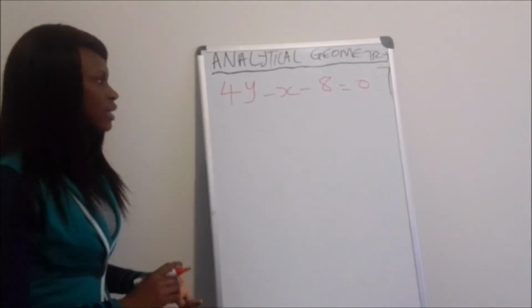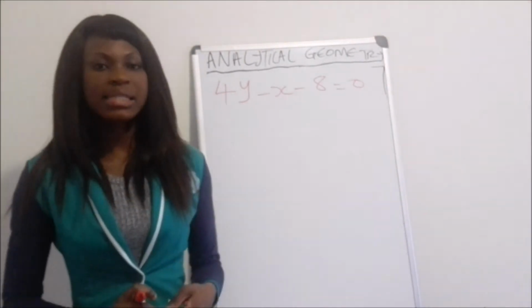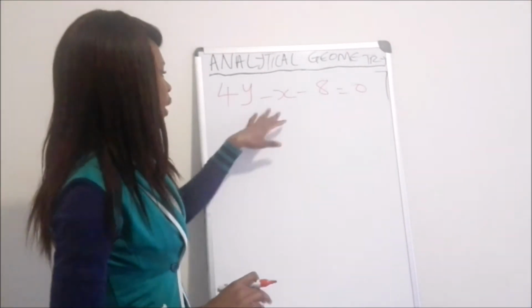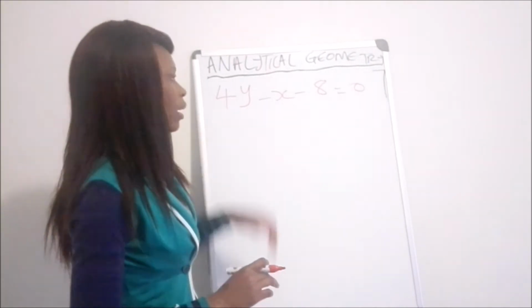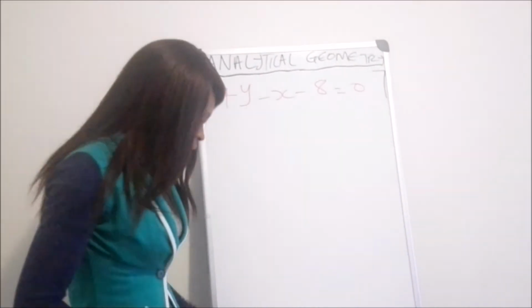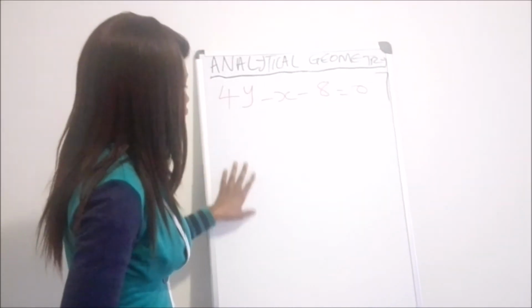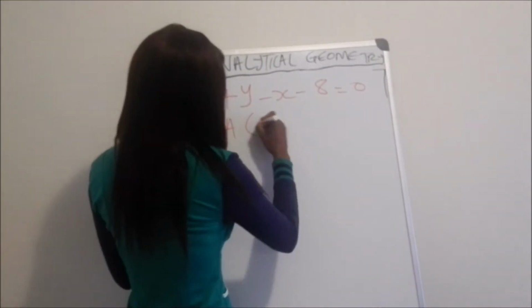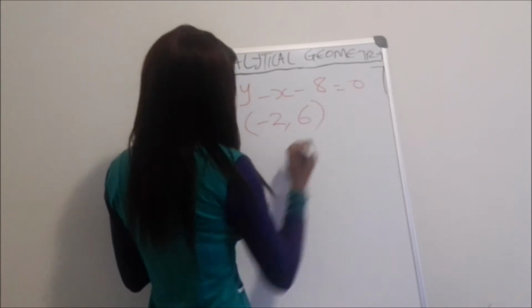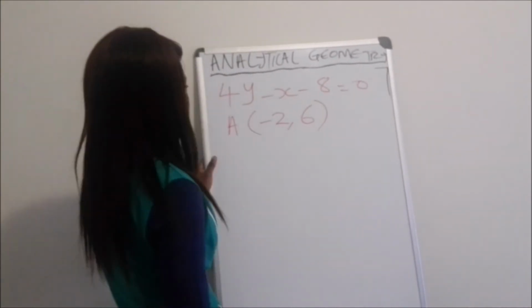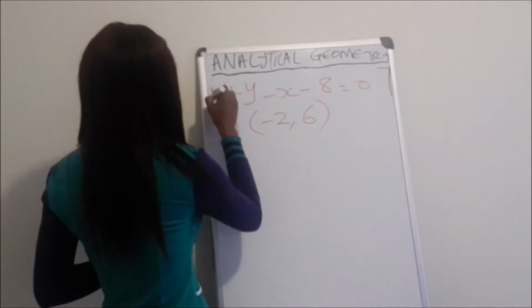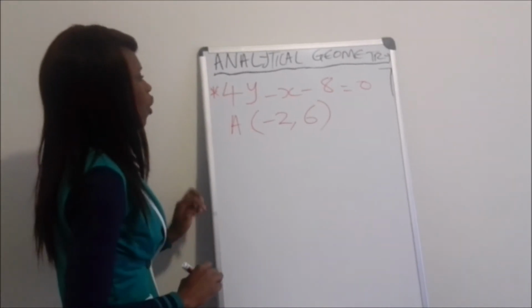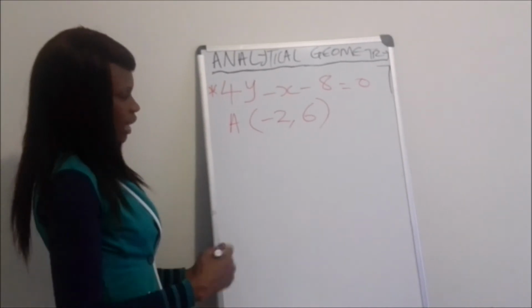Already we can see that this equation is not yet in the standard form of a straight line, but we can rearrange it. The line we have to find is passing through point A, which has coordinates (-2, 6).